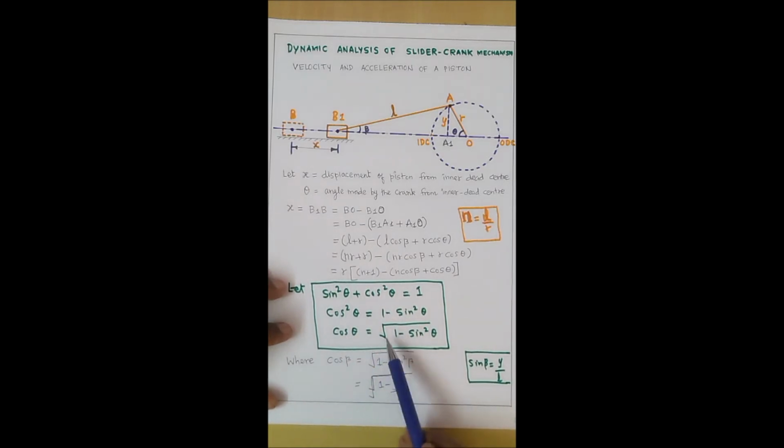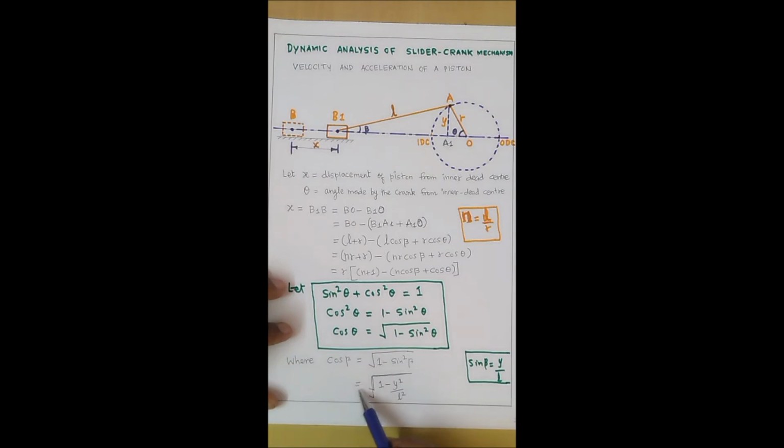So cos theta is equal to root of 1 minus sin squared theta. In the same way, cos beta is equal to root of 1 minus sin squared beta, using beta instead of theta.